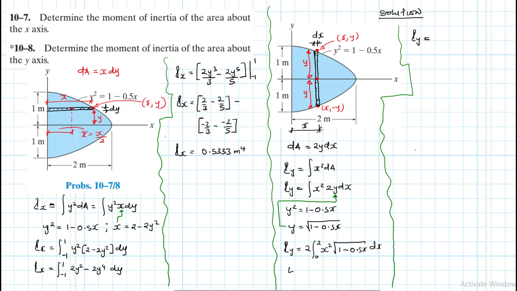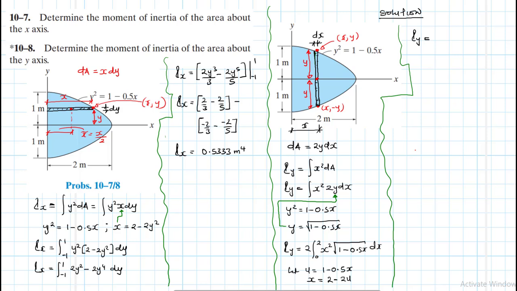We can say let u be equal to 1 minus 0.5x, and therefore we know that our x will be equal to 2 minus 2u.